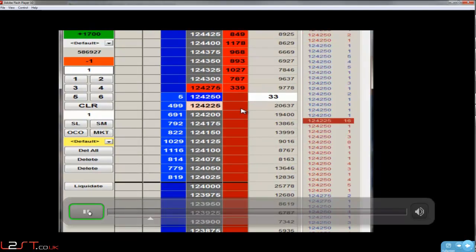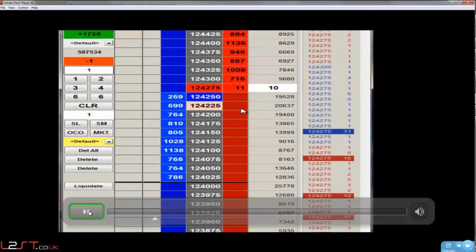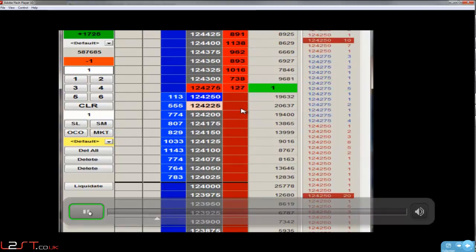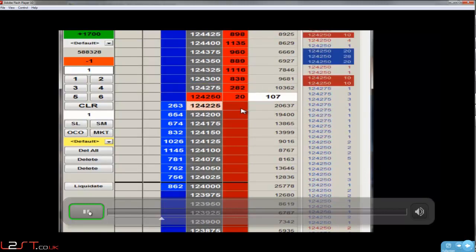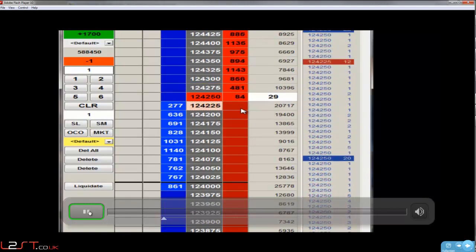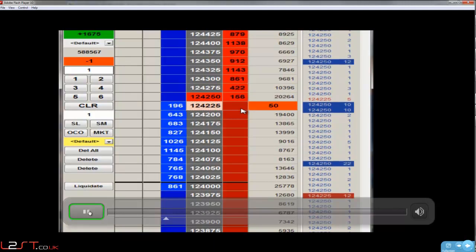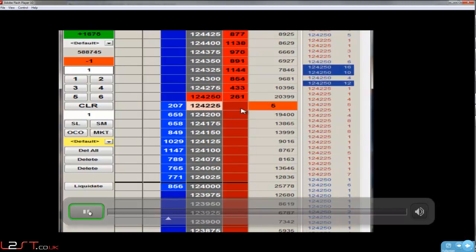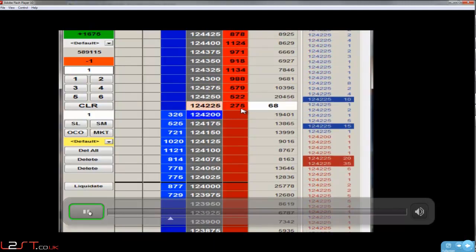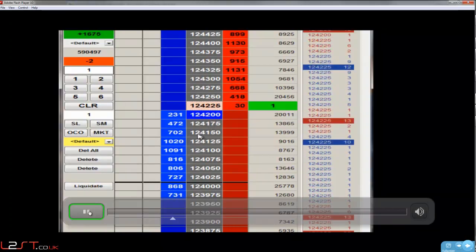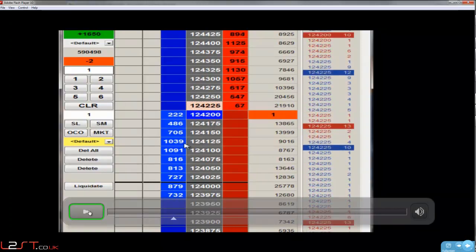Starts trading higher, tests the 43, starts pushing higher, but it can't push through that 43. And then at some point, you will see that I'll add another one in. So they're short two.